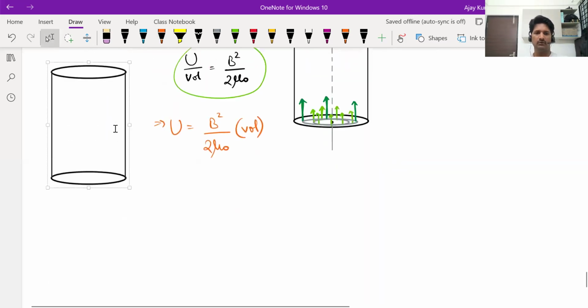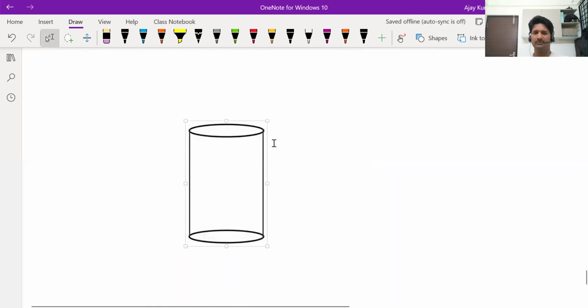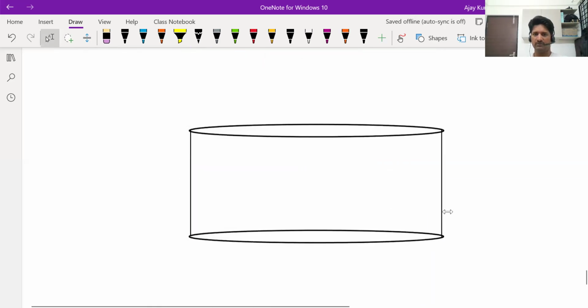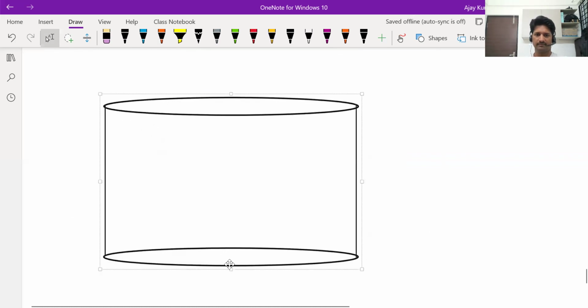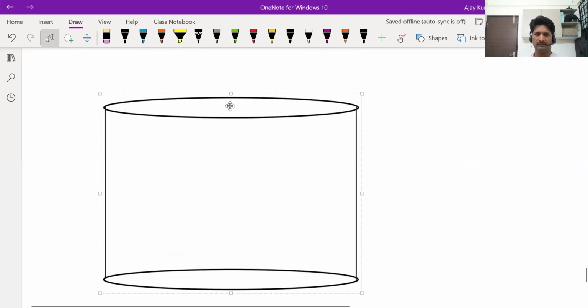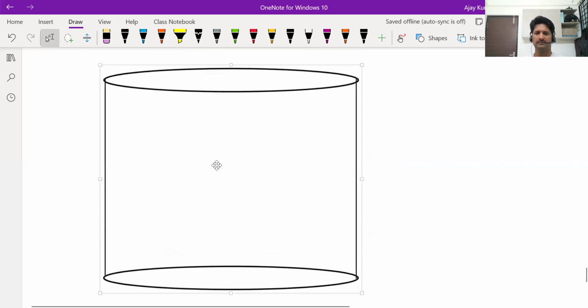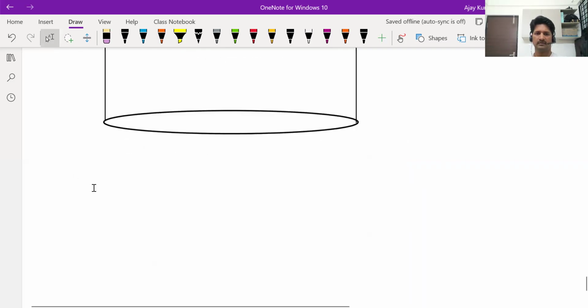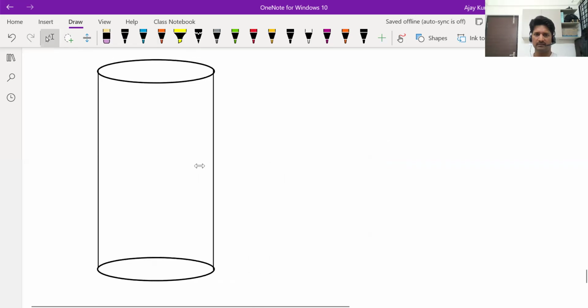So what we are going to do is, we are going to consider a volume which is equidistant from the z-axis. Okay, just to make visualization easy, I'm going to broaden the cylinder. That's the original cylinder that we considered.